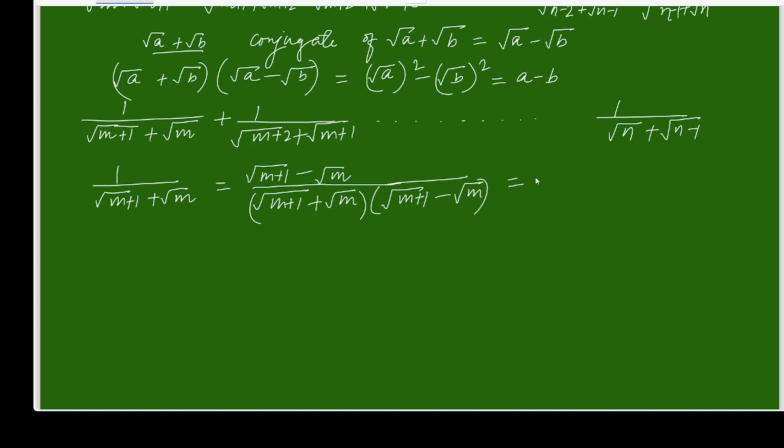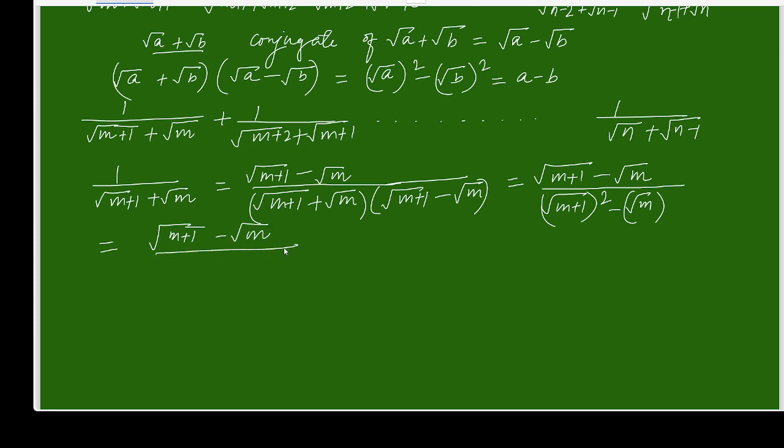So see the magic: in the denominator the cross terms have vanished, and you will get square root of m plus 1 whole square minus square root of m square, that is m plus 1 minus m, which is only 1. The numerator is square root of m plus 1 minus square root of m, over 1.